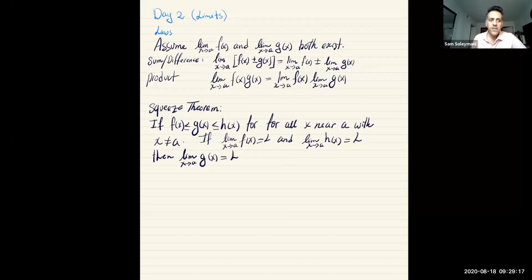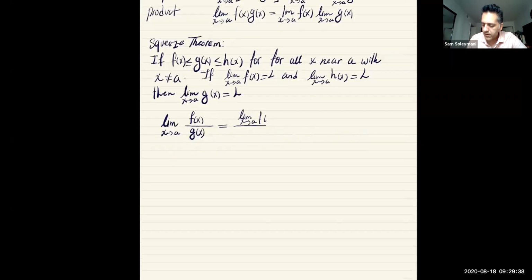If you're finding the limit of a quotient, the quotient of f and g, the only time that you can take this limit is if the limit of f, so you can apply the limit to the top and apply the limit to the bottom. Is my screen frozen? So you can apply the limit to the top and you can apply the limit to the bottom. Okay, that's cool.